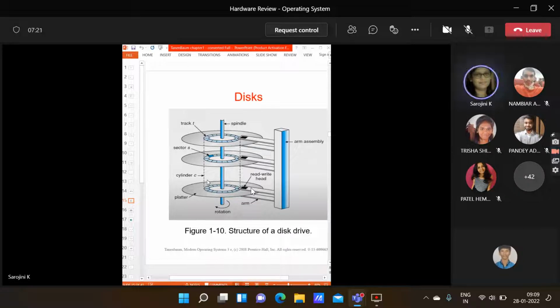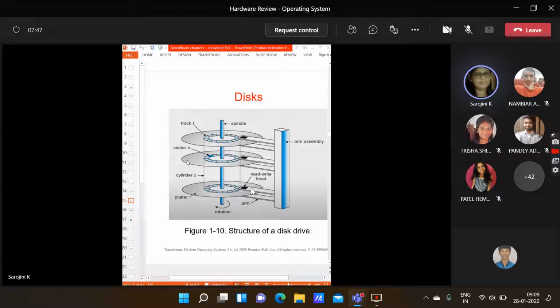The speed of the rotation will vary from HDD to HDD. For example, some HDDs will rotate at 5,400 rotations per minute.